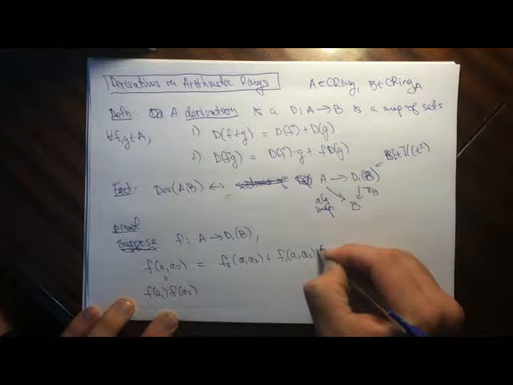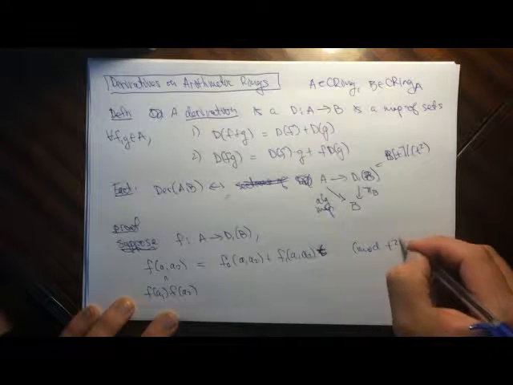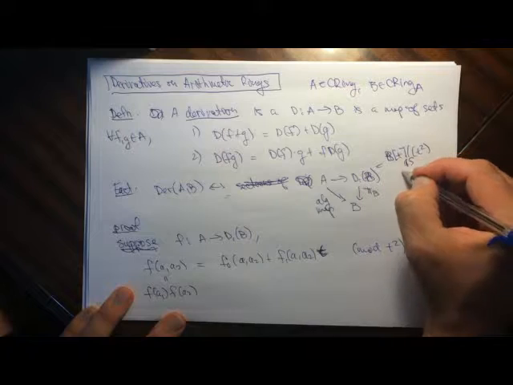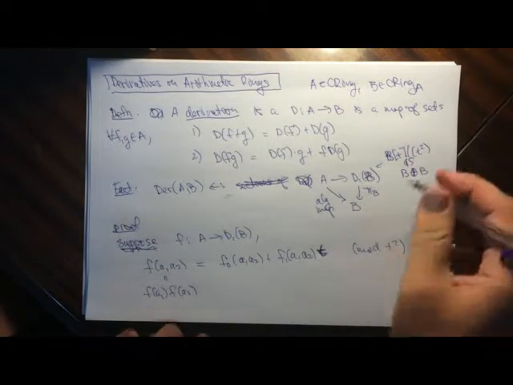And remember, we're working mod t squared, and as a module this is isomorphic to B direct sum B. So it's just the stupid module structure here.